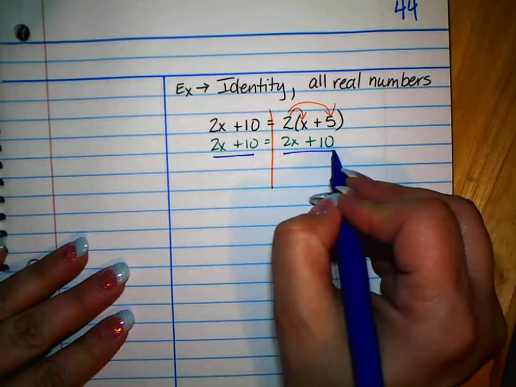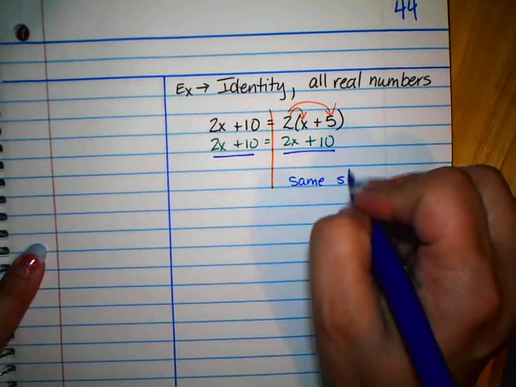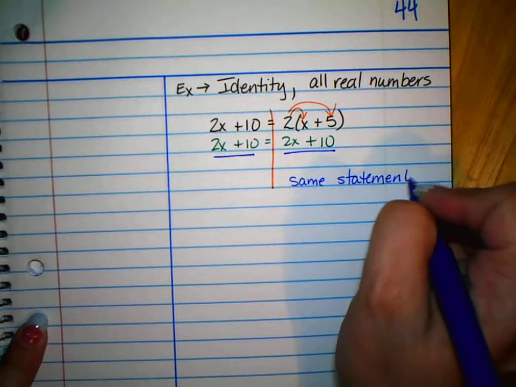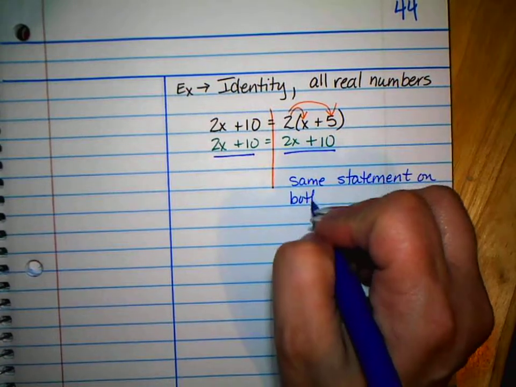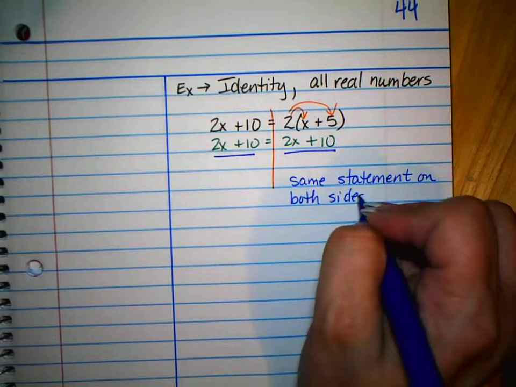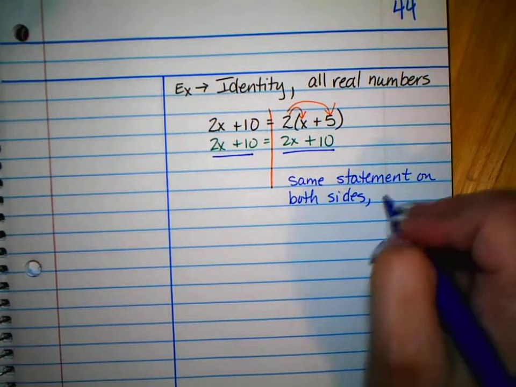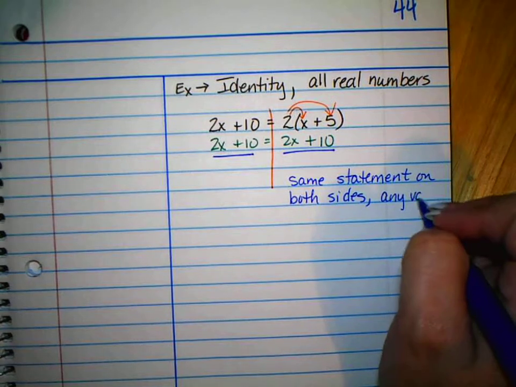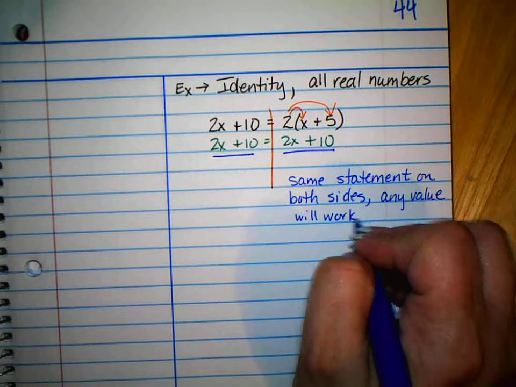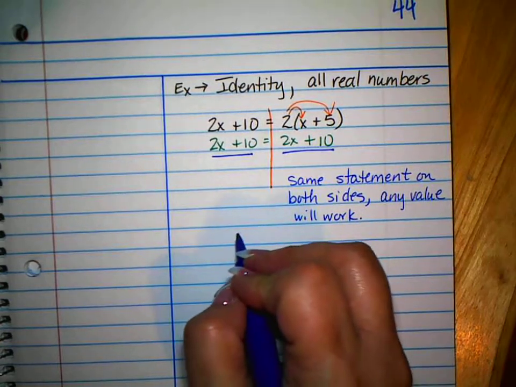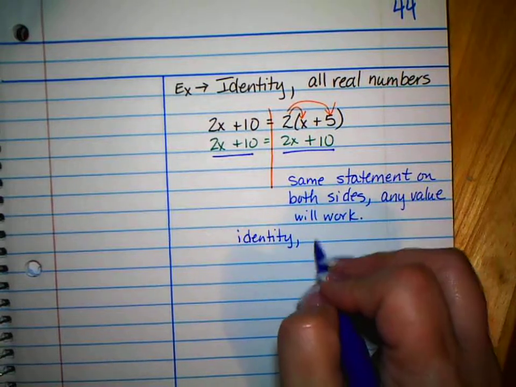This is the same as this, so it's the same statement, the same expression on both sides. So therefore, any value is going to work. So we call this an identity and all real numbers.